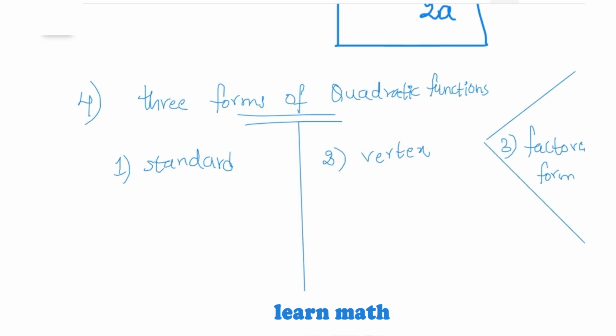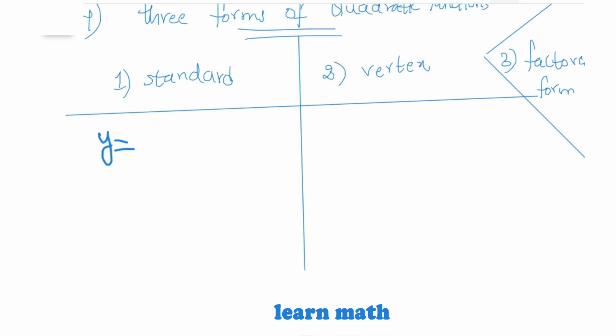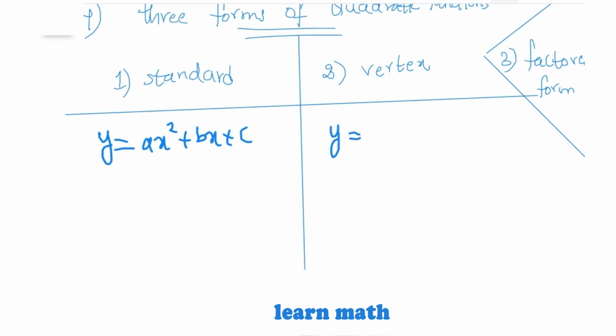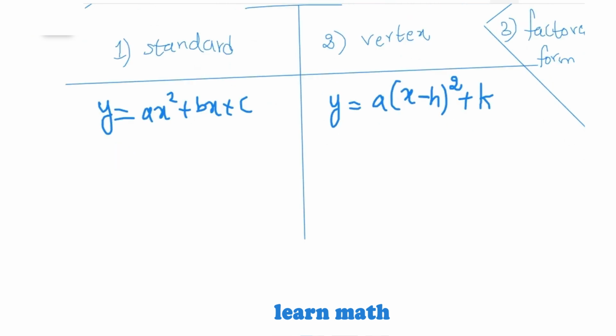Let's understand these two. Standard form is y equals ax squared plus bx plus c. Vertex form is y equals a times (x minus h) squared plus k. Here (h, k) is called the vertex.